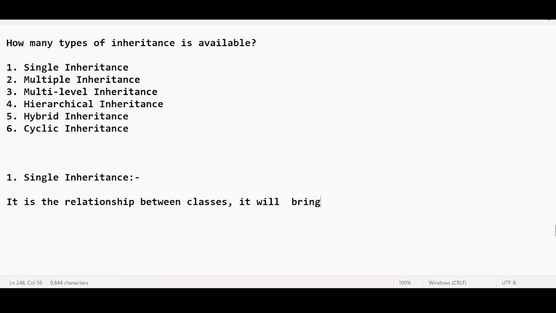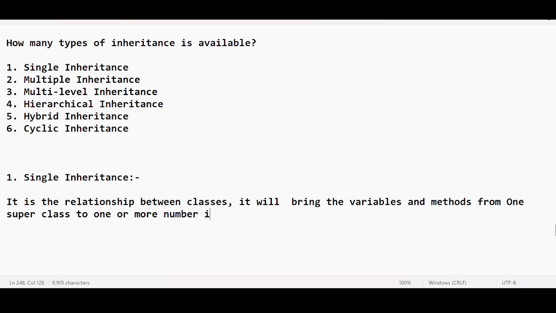It will bring the variables and methods from one superclass to one or more number of subclasses. So what does it really mean? There's a relationship between classes we know. It will bring the variables and methods from one superclass to one or more number of subclasses.